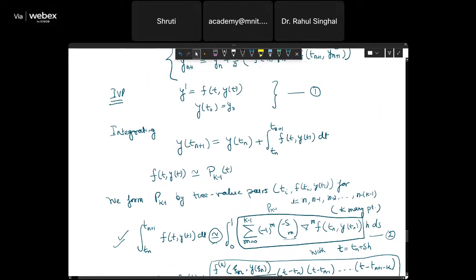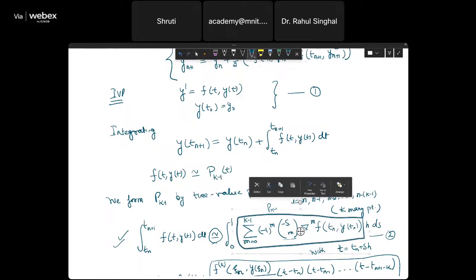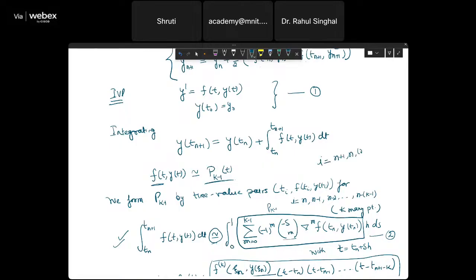Like in the Adams-Bashforth method, the function f will be approximated by the interpolation polynomial p k minus 1 of order k minus 1. But now the time value pairs will be t i, f t i, y t i for i equal to n plus 1, n, n minus 1 and so on, up to n minus k plus 2.